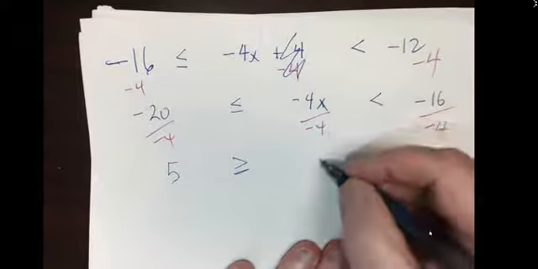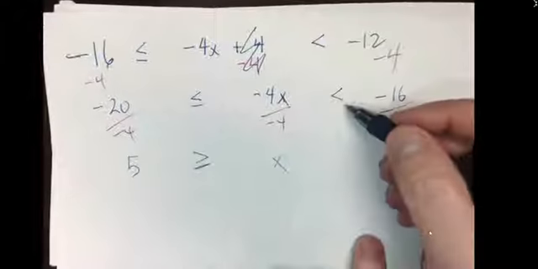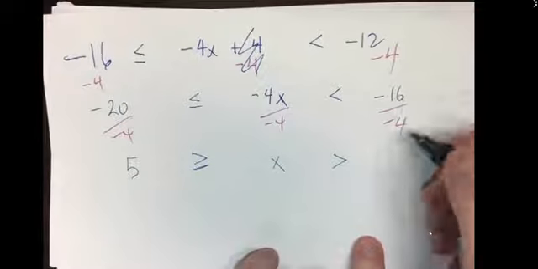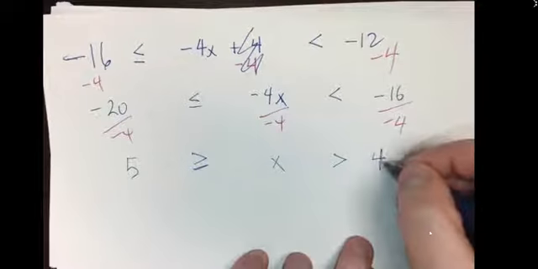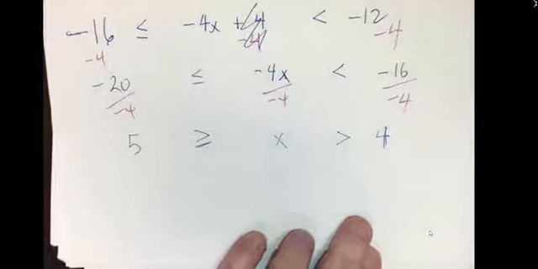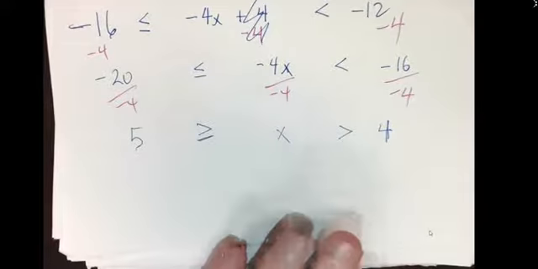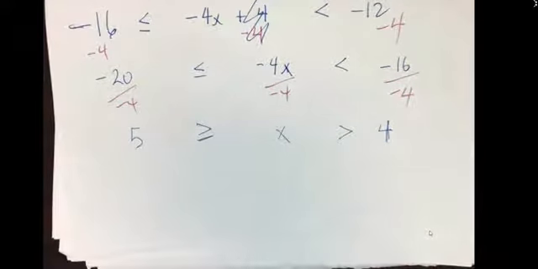And I'm left with x. The arrow flips. And I have positive 4. Now, you cannot write intervals with the bigger number coming first. This is not an interval. And if you write that down, it's a wrong answer.